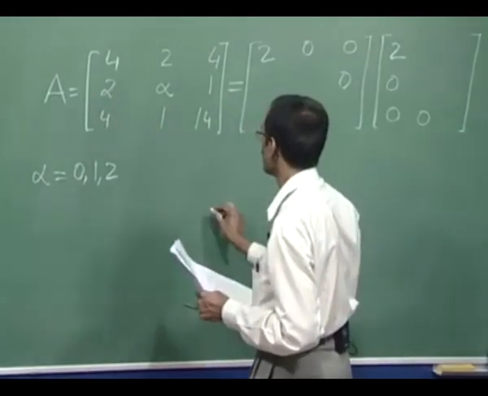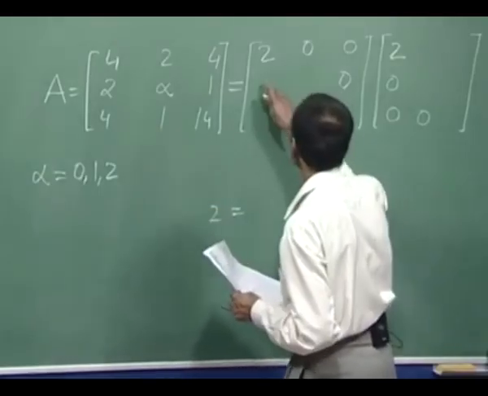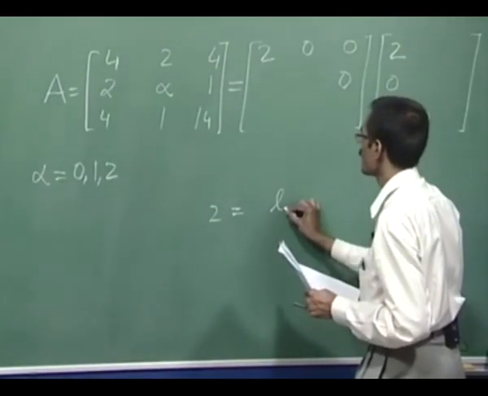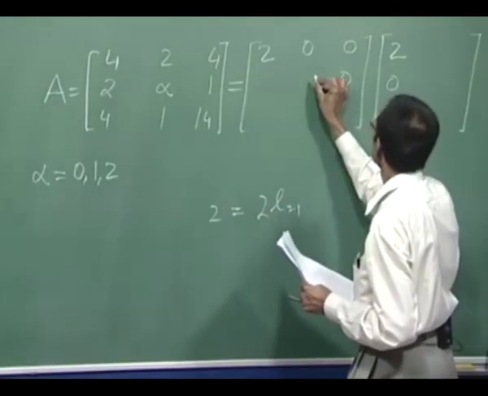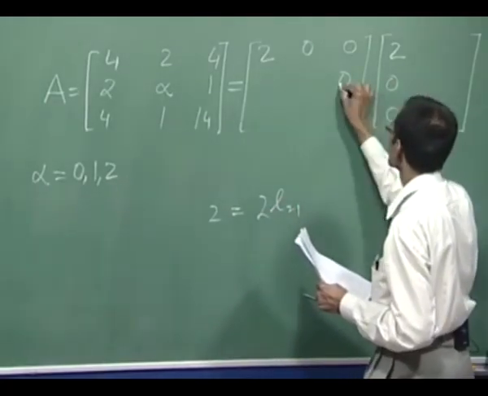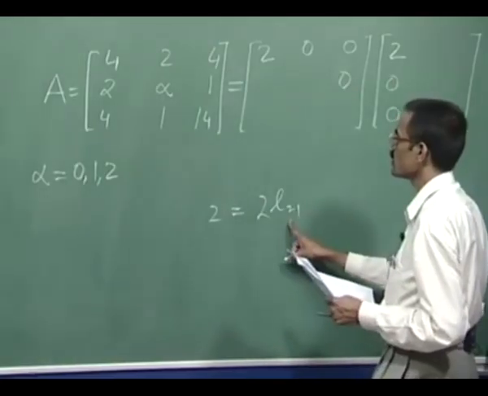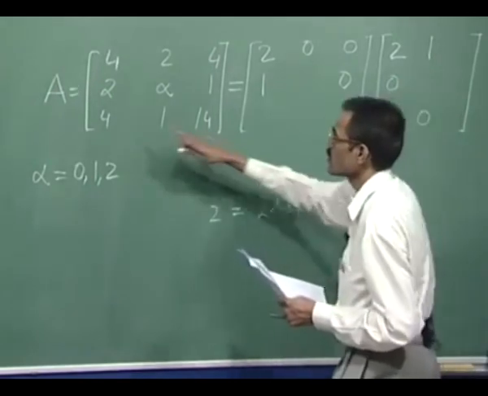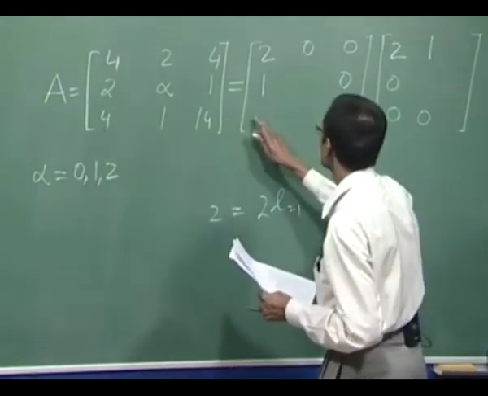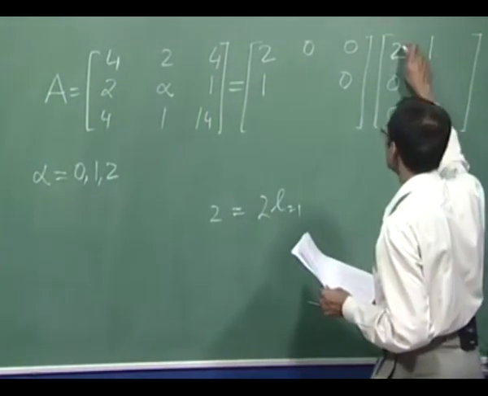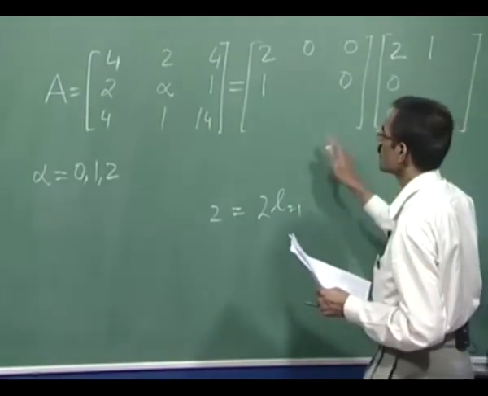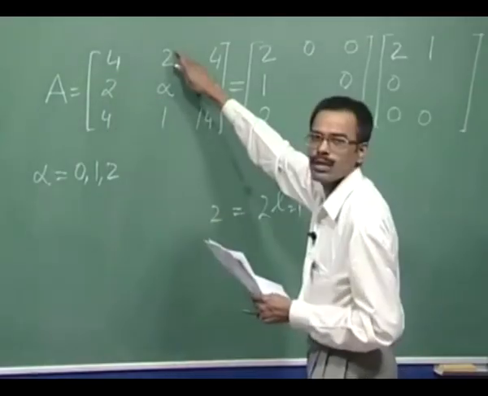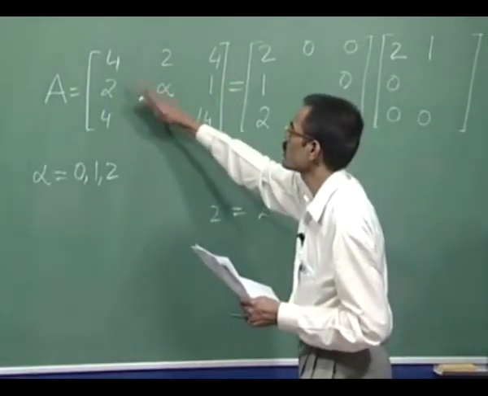So, 2 is equal to L21 into 2 plus something into 0 plus something into 0. That means L21 is 1. So, we get 1 here, 1 here. Next, for this term, we have something into 2 plus 0 plus 0. So, that something should be 2. We get this correctly. For this, we do not need any computation because this is symmetric.